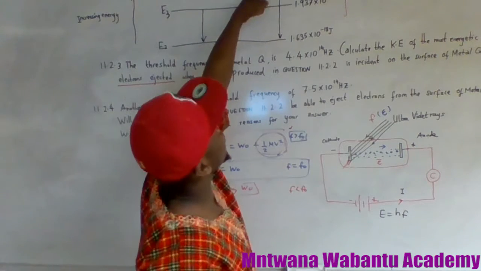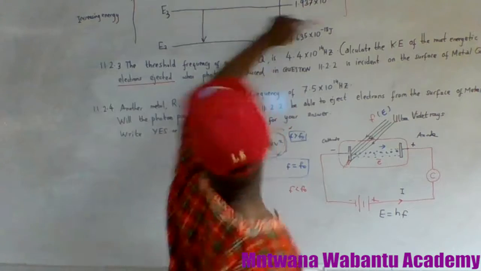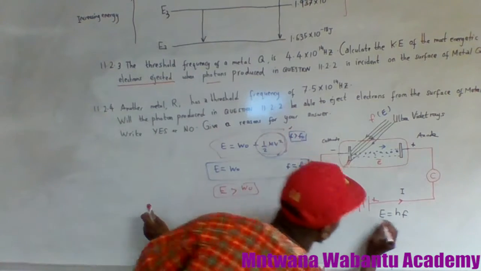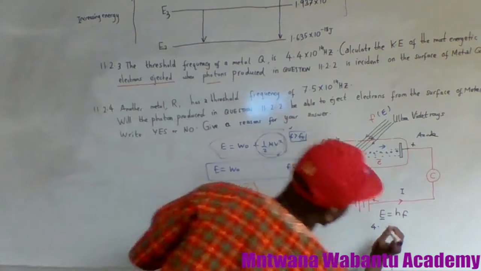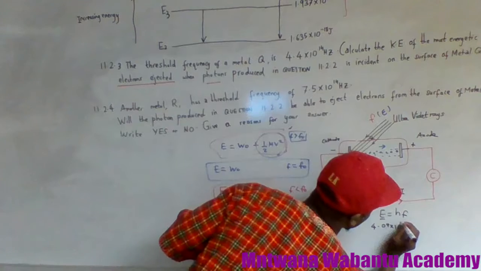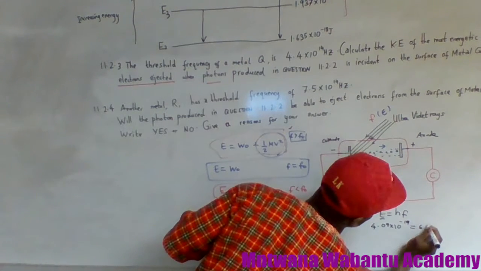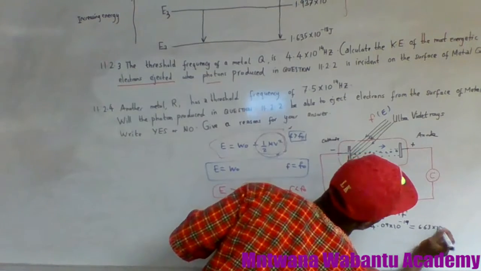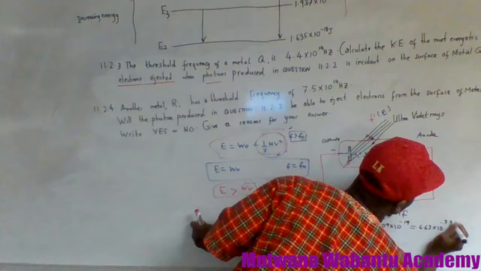I know the energy because the electrons move from here to there, so I find the difference between this and this. When I subtract it, I got 4.09 times 10 power negative 19 equal to h, Planck's constant 6.63 times 10 power negative 34, times frequency.